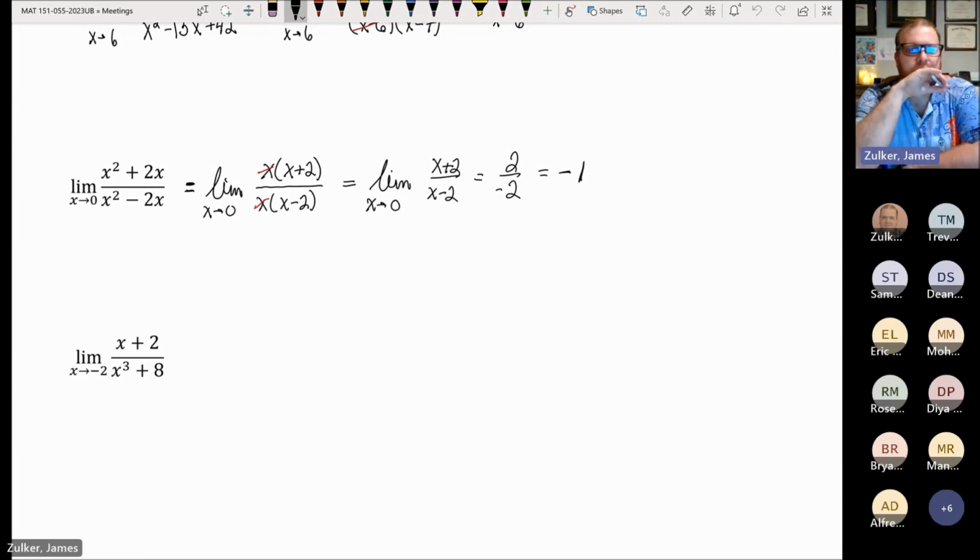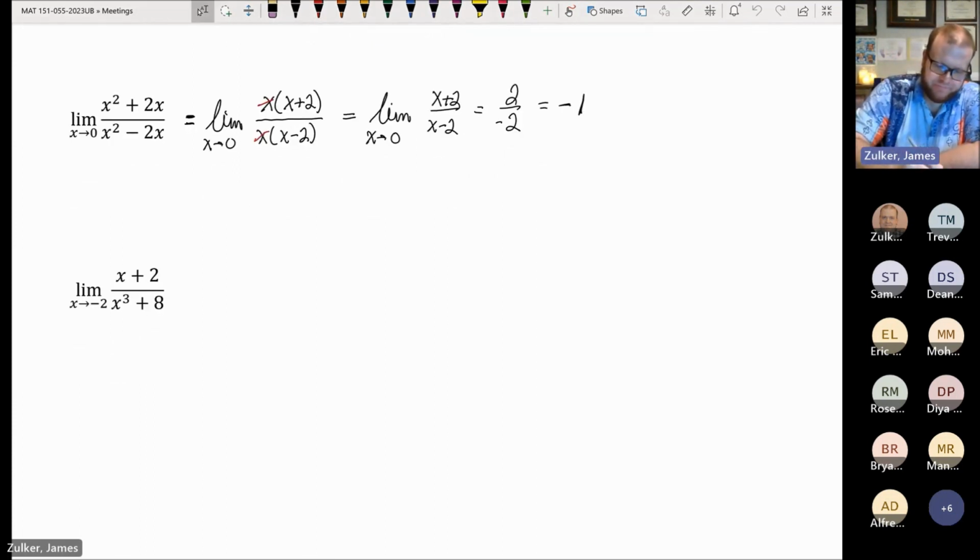The limit as x approaches -2 of x plus 2 over x cubed plus 8. We again get 0 over 0 with direct substitution.